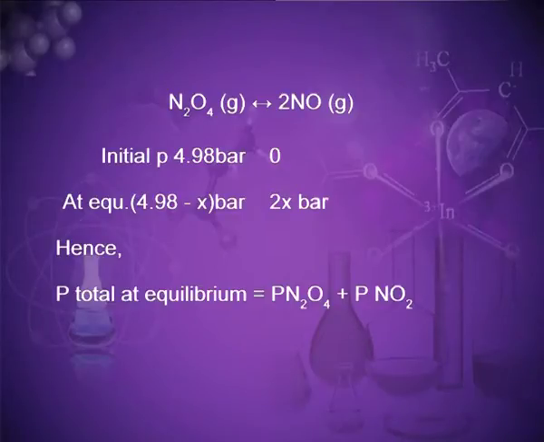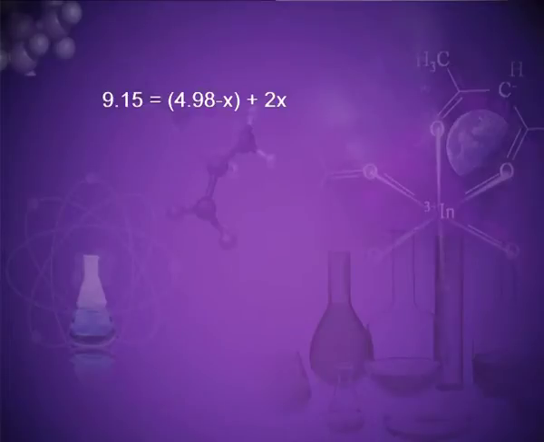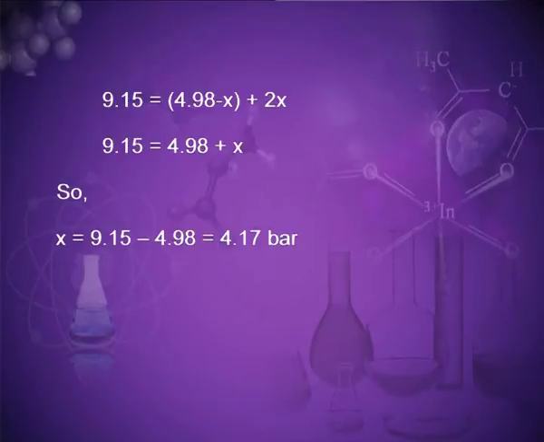Hence, P total at equilibrium is equal to PN2O4 plus PNO2, which is 9.15 equals 4.98 minus X plus 2X. So 9.15 equals 4.98 plus X, and X is equal to 9.15 minus 4.98, which is 4.17 bar.